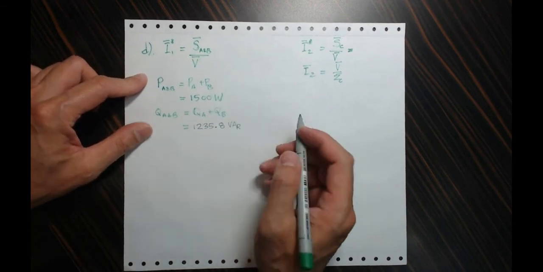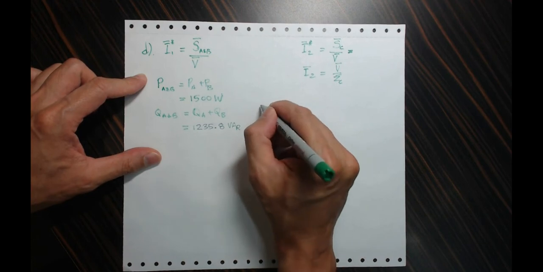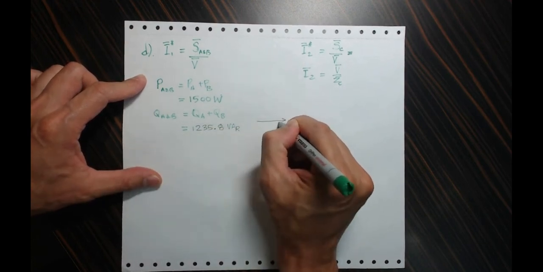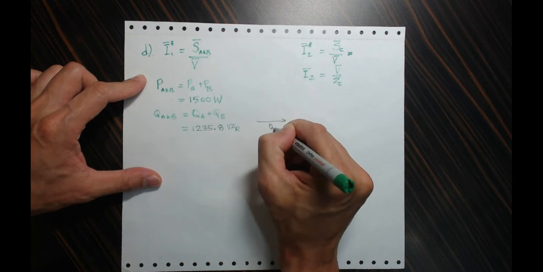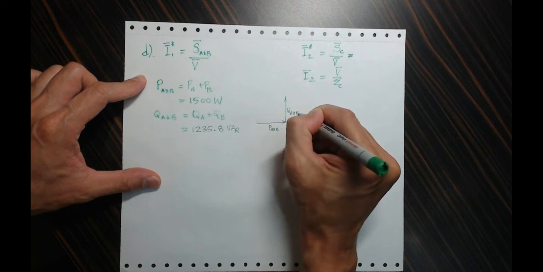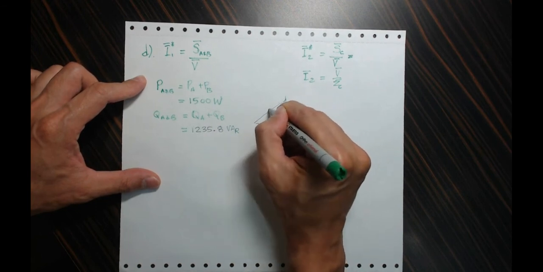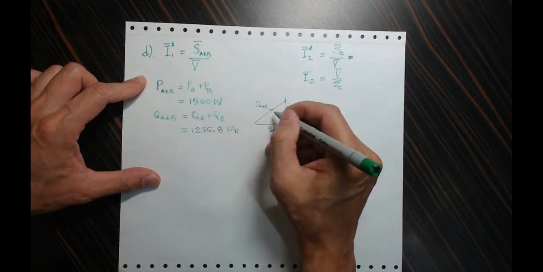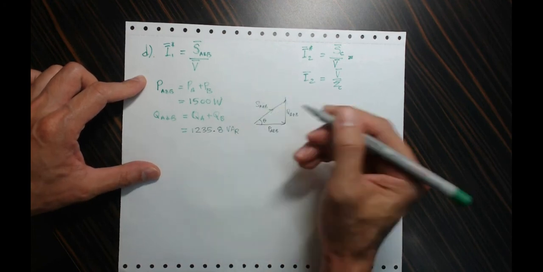Now, again, I can draw a rough power triangle where this is P, A, and B, and this is Q, A, and B. So the apparent power S, A, and B is here, and we have an angle.